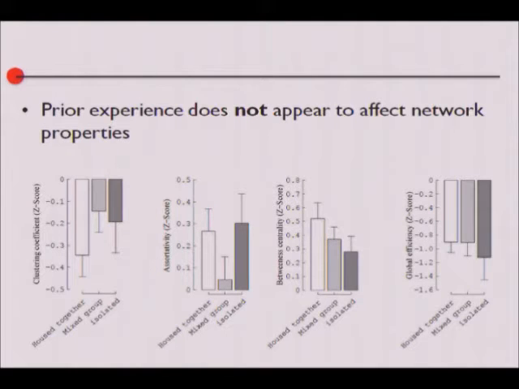It suggests that somehow we're tapping into a structure that manifests rapidly and that does not depend so much on prior experience. That doesn't mean that prior experience doesn't matter. And it doesn't mean that the quality of life or the nature of their interactions or what they're communicating about is the same in all cases. But what it says is that there's something highly embedded about the way these individuals interact with one another.